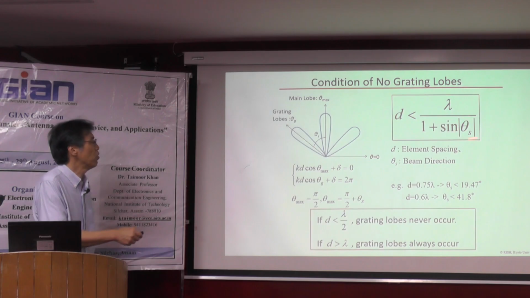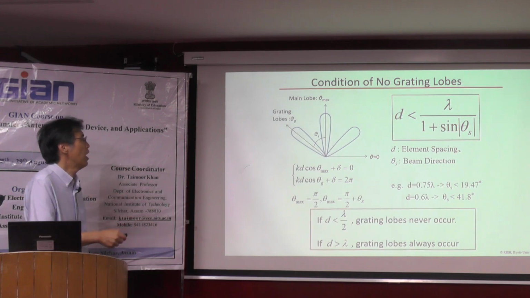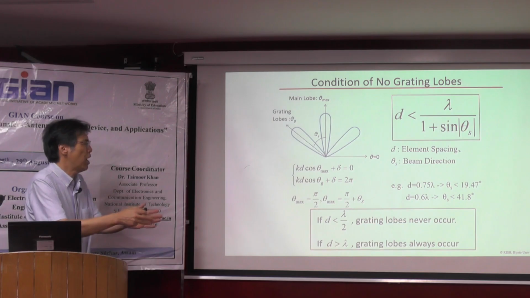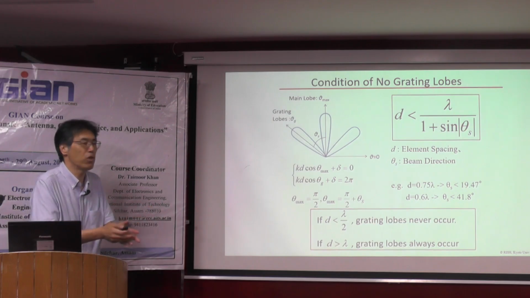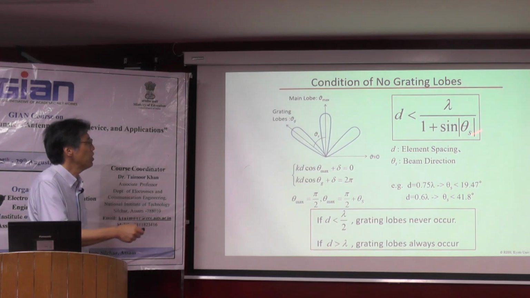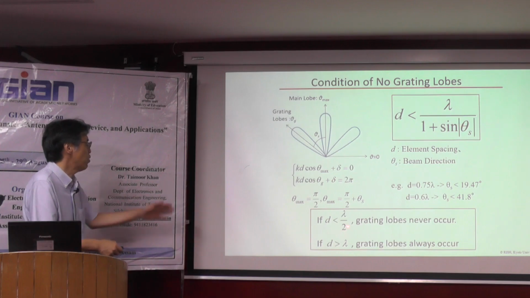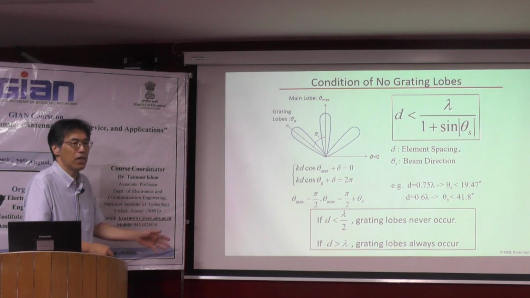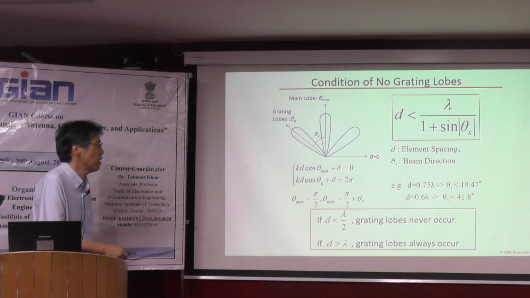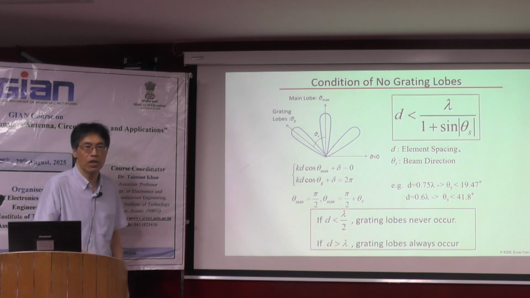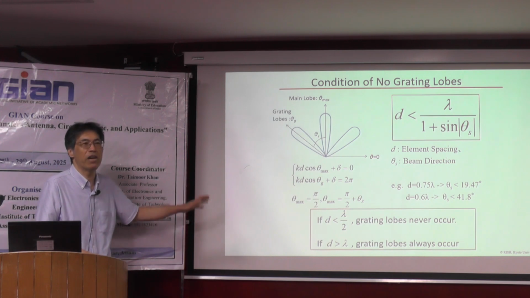So based on this equation, it's easy to estimate how much grating lobe occurs at what angle we control the beam direction. And based on this equation, if element spacing d is shorter than half wavelength, grating lobes never occur. And this is the best phased array antenna.